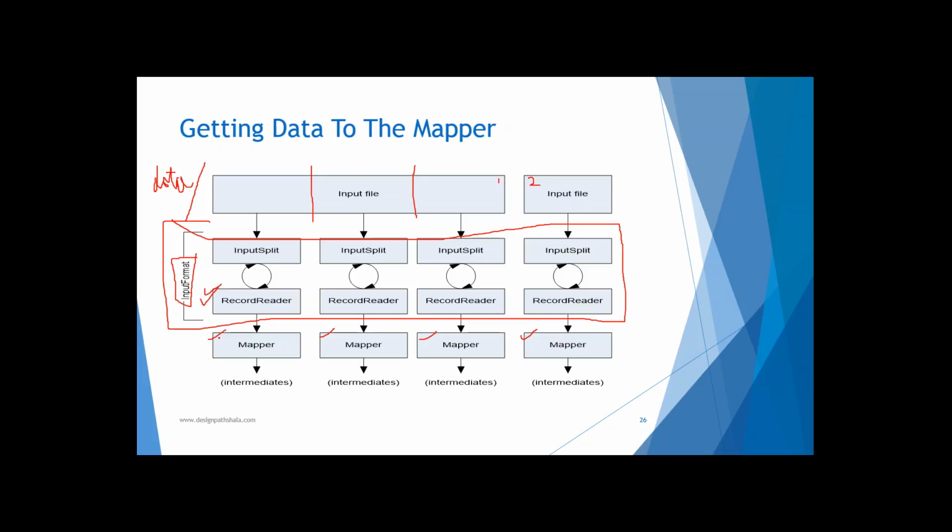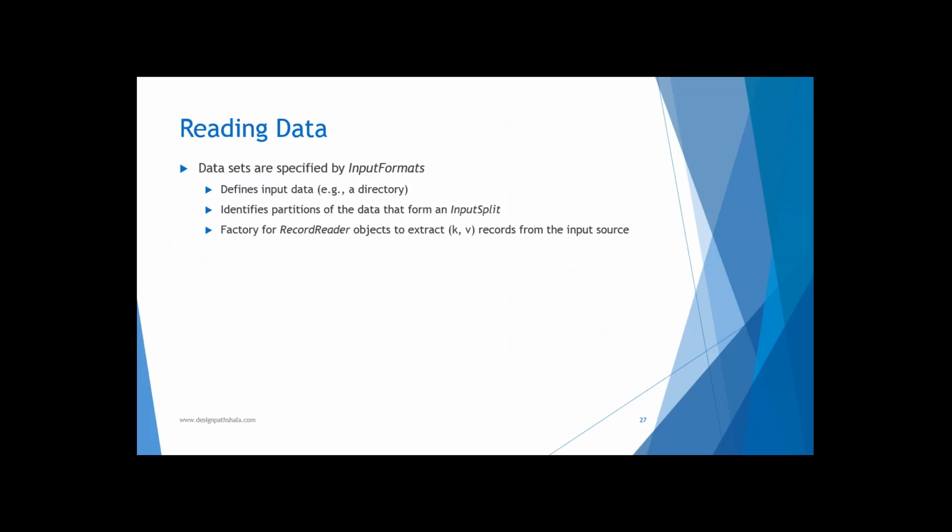Okay, so if you remember, we didn't implement any input format, we didn't implement any record reader, we didn't do anything, but our program ran. So how did it run? We have a lot of already implemented input formats for us.